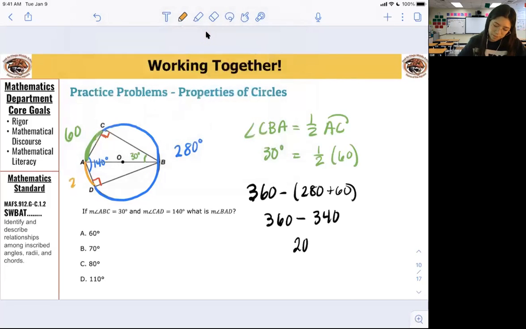If that's 20 degrees, then this angle is 10 degrees. We're looking for angle BAD, however.